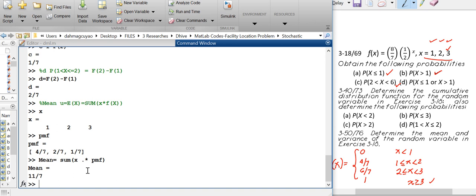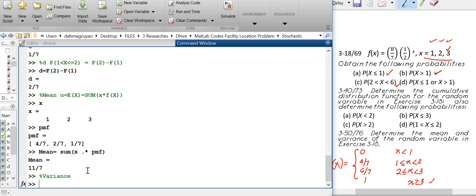While for the variance, variance is equal to the sum of x minus 11 over 7 squared and then times the PMF.